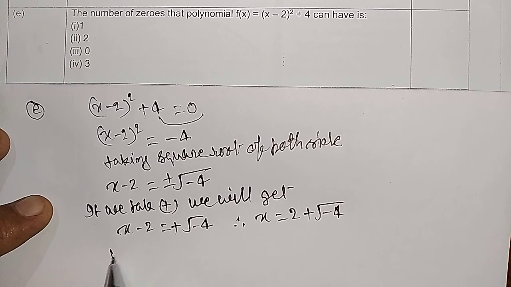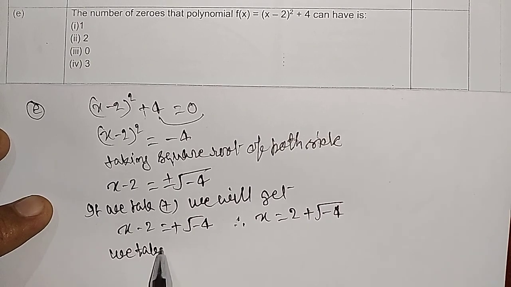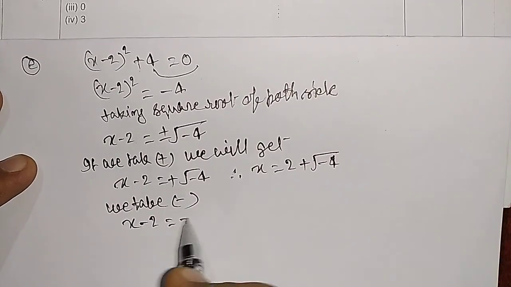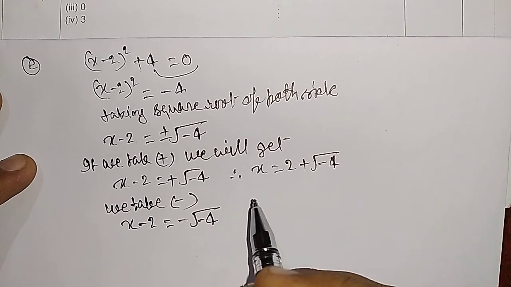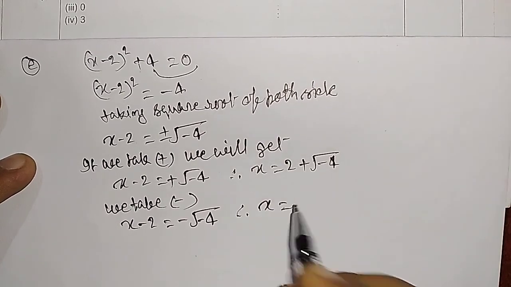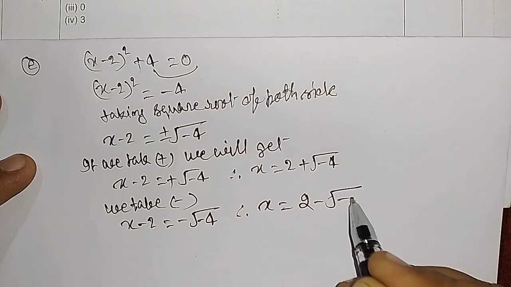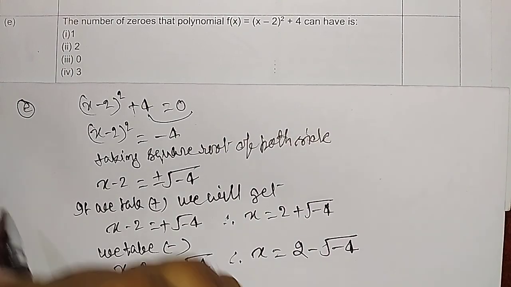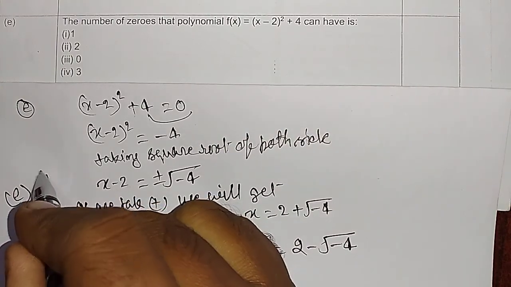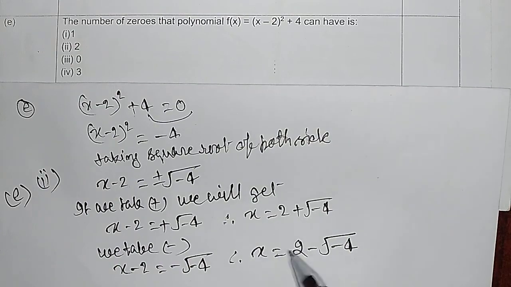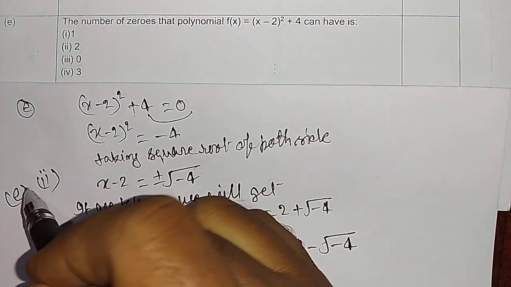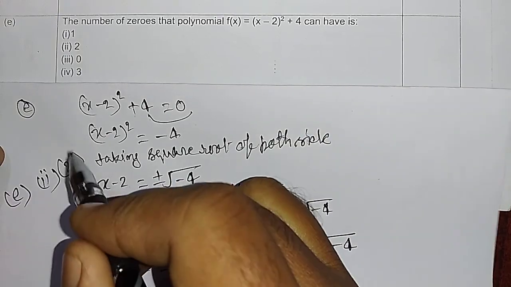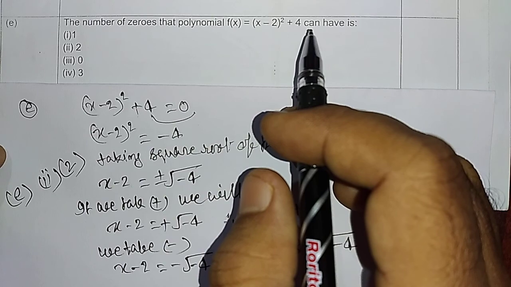And if we take the negative sign, we will get x minus 2 equal to minus under root minus 4, which gives x equal to 2 minus under root minus 4. So the answer will be E, option number second. Here you can see the two zeros of x. So the answer of E is second, 2. So there are two zeros of this polynomial.